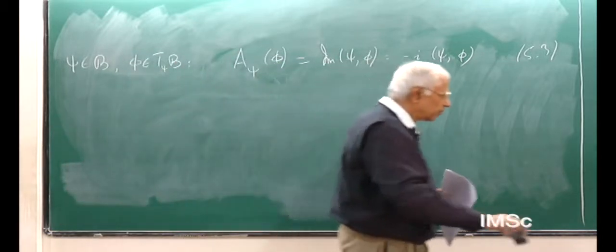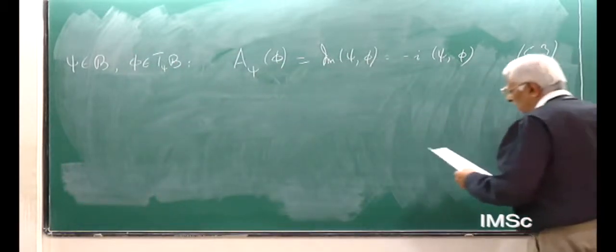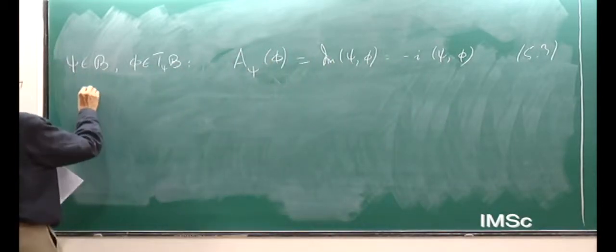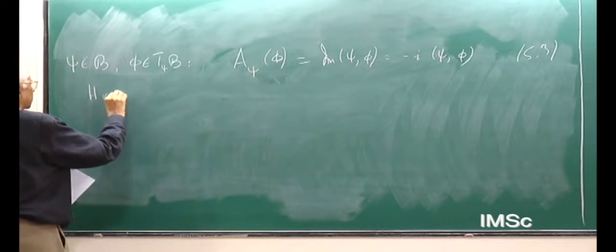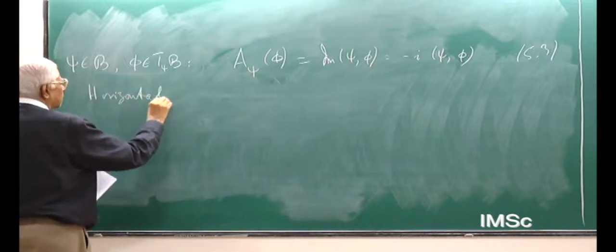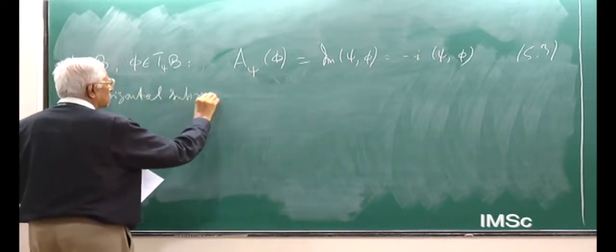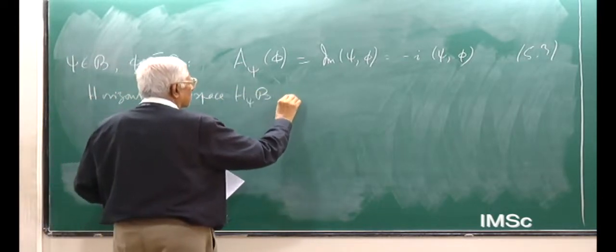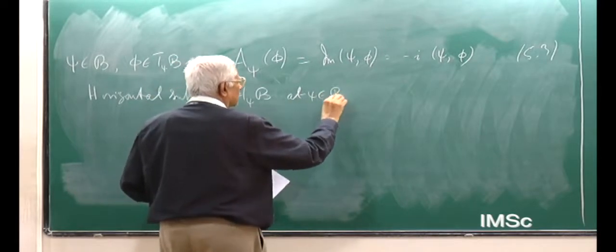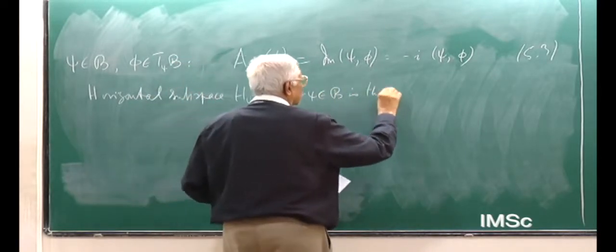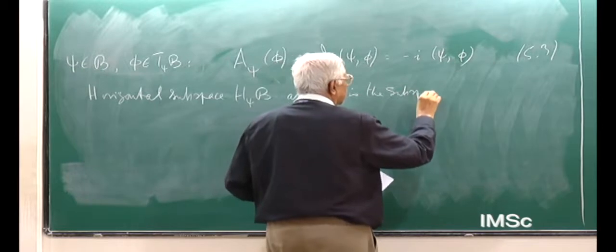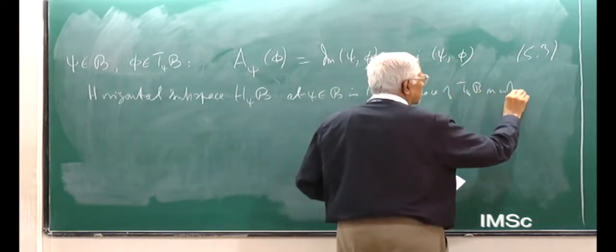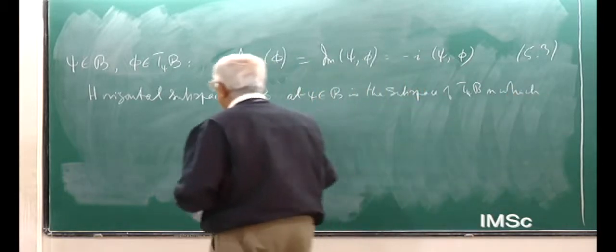Now, given a one form A, there is a subspace called the horizontal subspace. It is a subspace of the tangent space on which A psi vanishes.